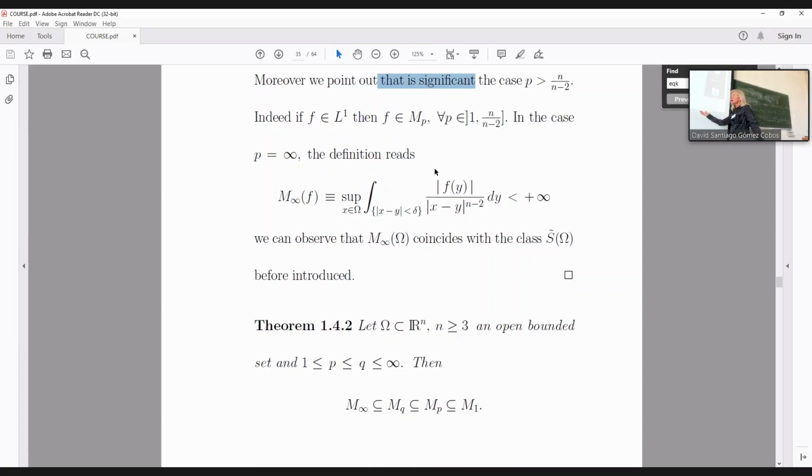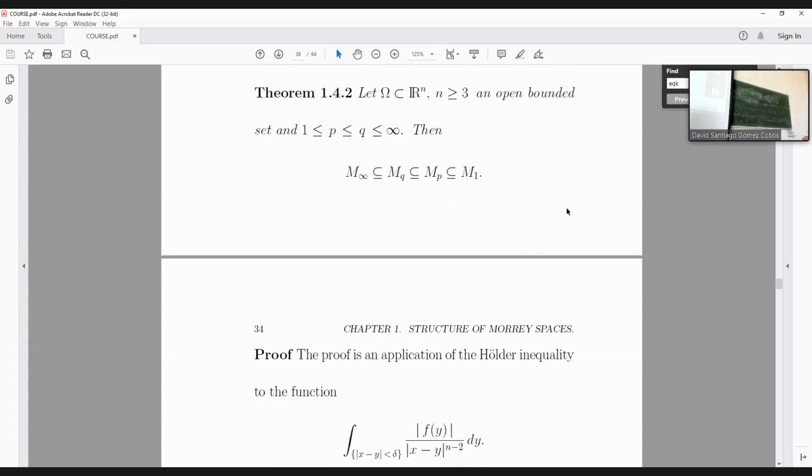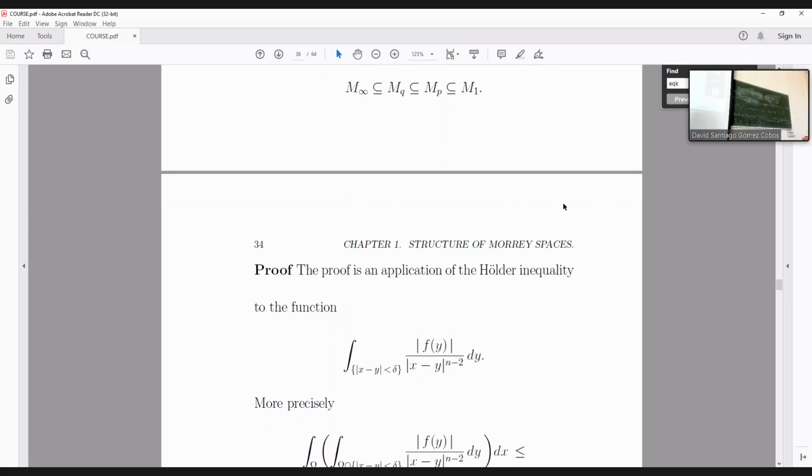If you see, of course, similarly to the Lebesgue spaces, L infinity is contained in LQ, contained in LP, contained in L1. And this is the basis because we obtain this chain of inequalities using Holder inequality.